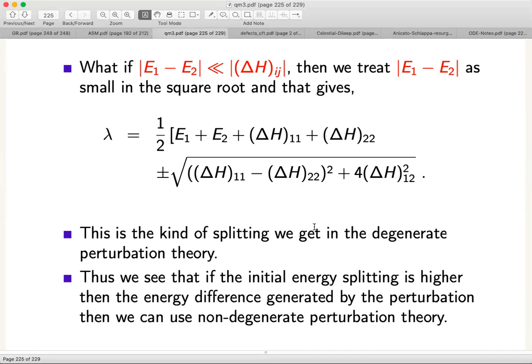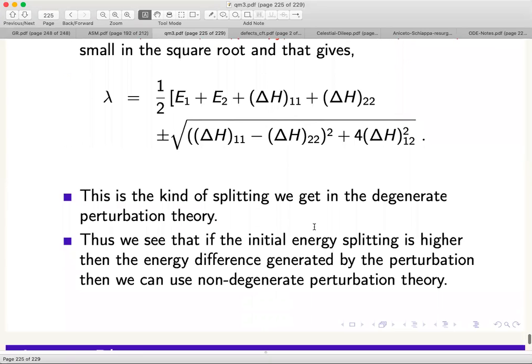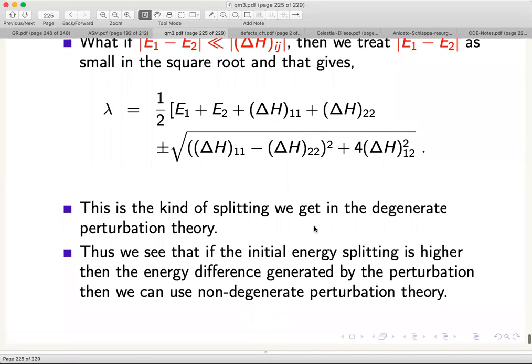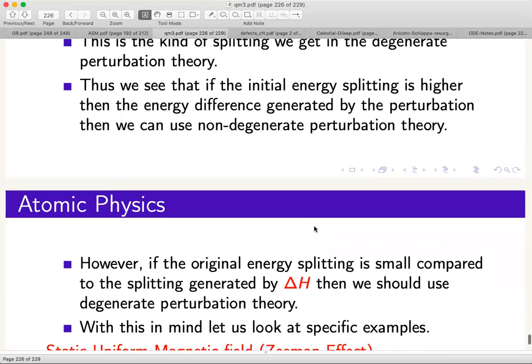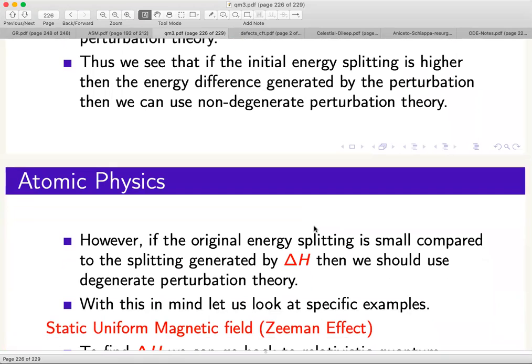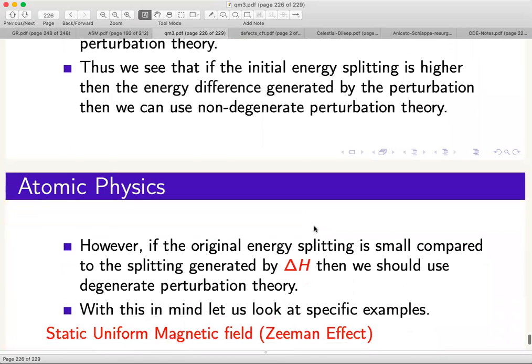So one has to get an estimate of the order of magnitude correction that a perturbation would generate before embarking on whether to use degenerate or non-degenerate perturbation theory. Conversely, if the correction due to the perturbation is large compared to E1 minus E2, then obviously you would want to use degenerate perturbation theory.